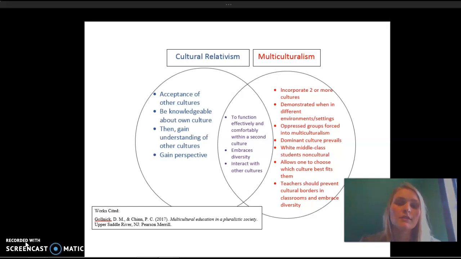So the point of this approach is to really gain knowledge about other cultures after you gain knowledge about your own culture. So I'd become very knowledgeable about my own culture, where I'm from, how I live, and then I would try to look outside of my own culture and understand the cultures that maybe I may encounter at school or out in the grocery store.